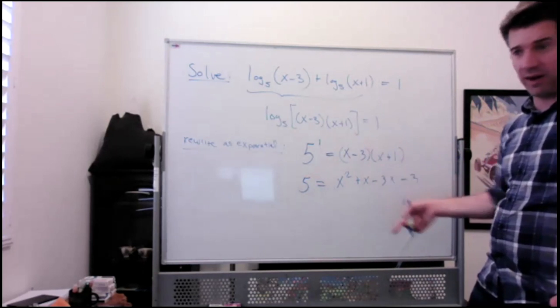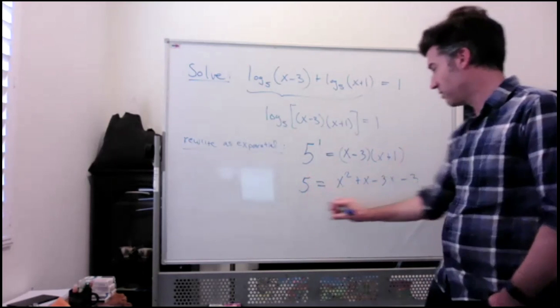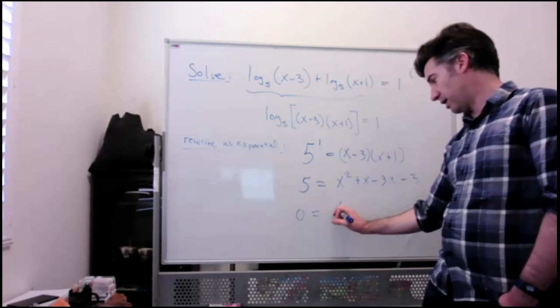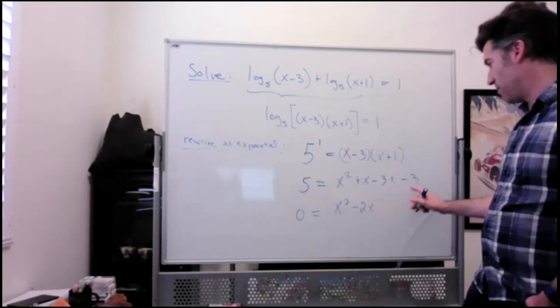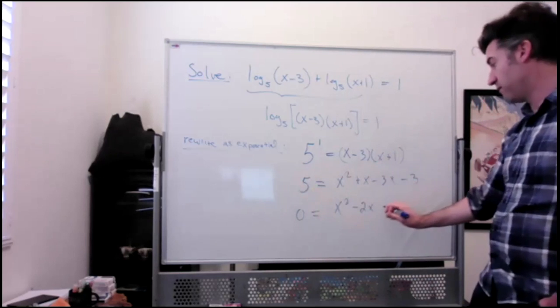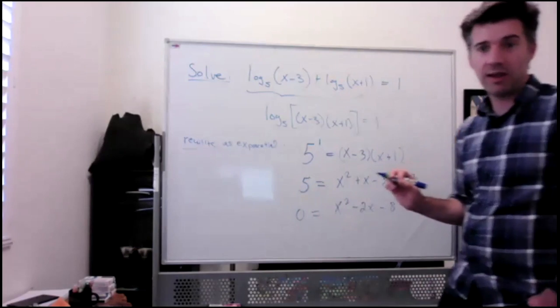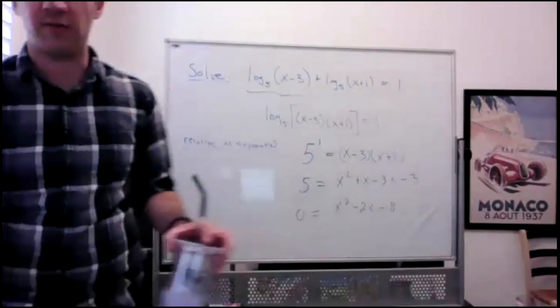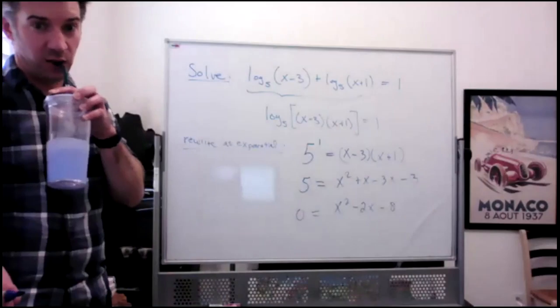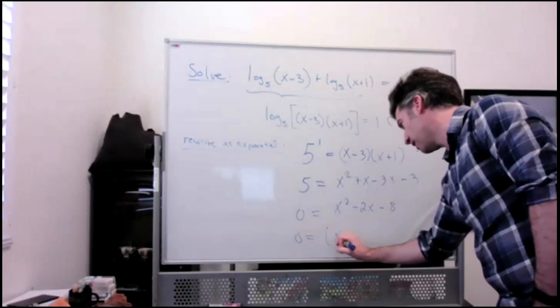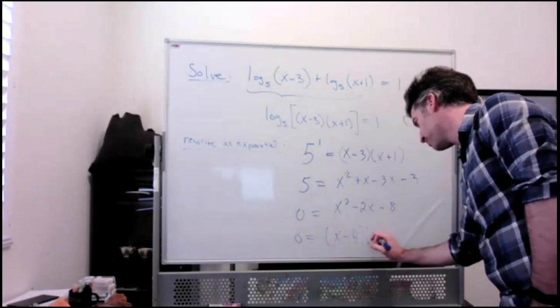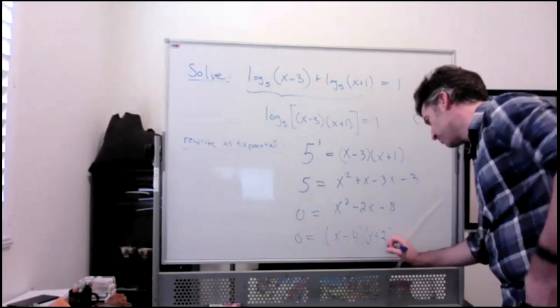Then I'm going to simplify the right-hand side. So I'm going to subtract 5. I'm going to get x squared, x minus 3x is minus 2x, and minus 3 minus 5 is minus 8. And then I'm going to solve this hopefully by factoring, but if not by factoring, then by using the quadratic. So this does factor. It factors as x minus 4 times x plus 2.